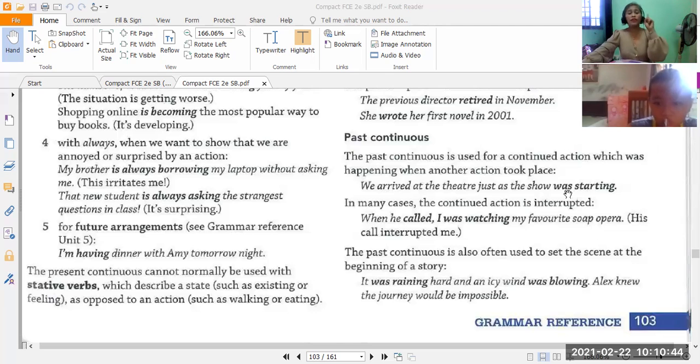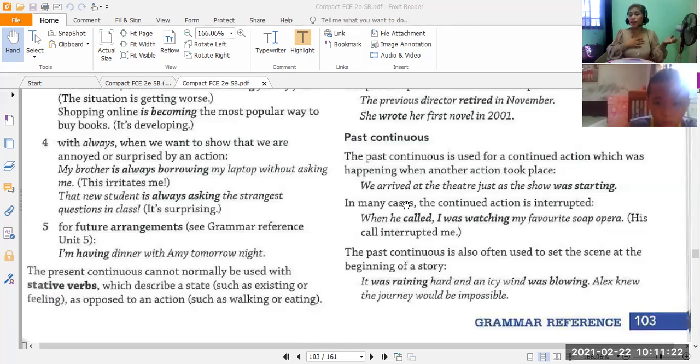The past continuous is used for continued action which was happening when another action took place. So the moment I arrived in the theater, the show was starting already. So this is all past continuous tense.